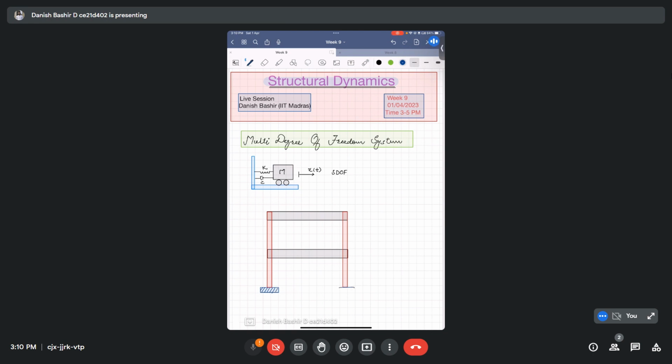We have one more fixed end on this side.